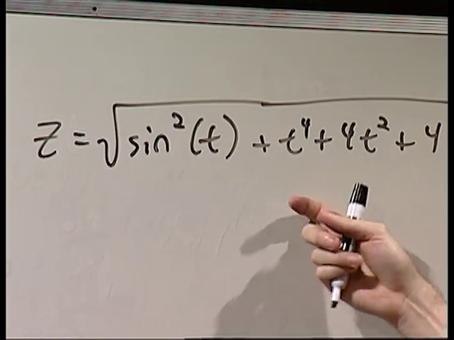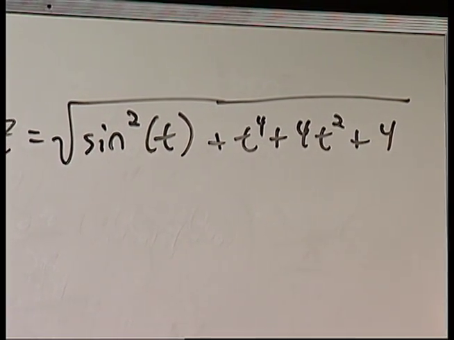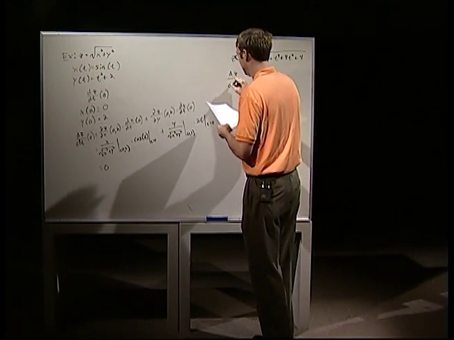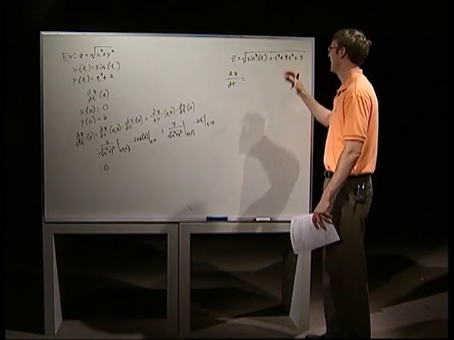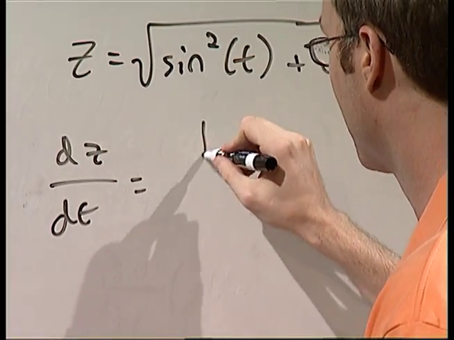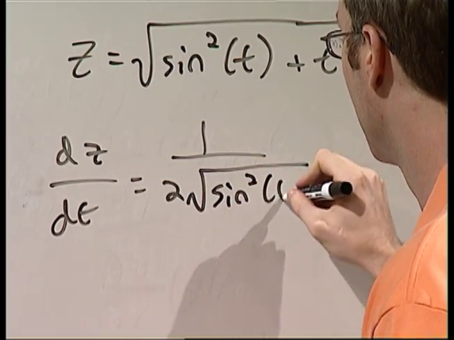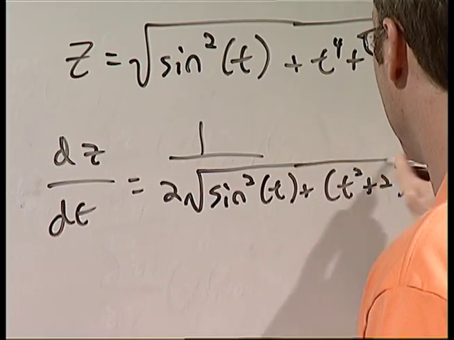And then I could do a dz/dt if I wanted to, right? This is just one variable now, so I got 1 over 2 root all this junk. I'll just condense it into t squared plus 2 squared there.